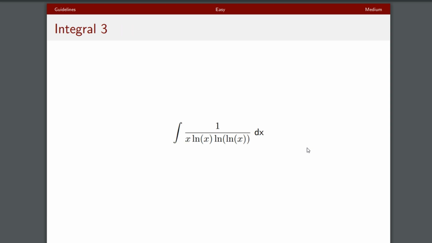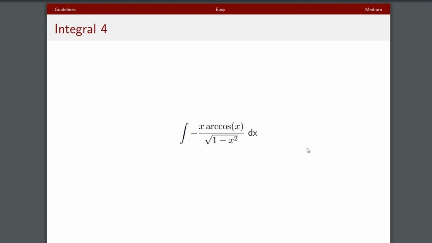I forgot. Okay, maybe sometimes it's best when you don't do it mentally, but to double check, we let u equal ln of x, and then you get 1 over u, and then you get ln of x. Okay? I'm just being lazy. Don't be lazy when you actually compete, like me.